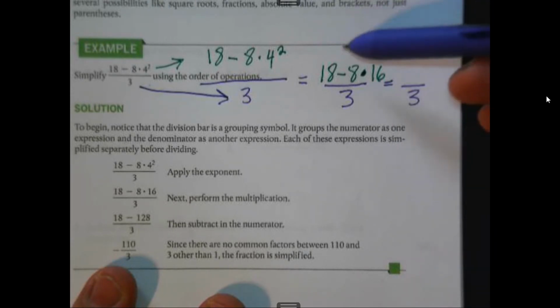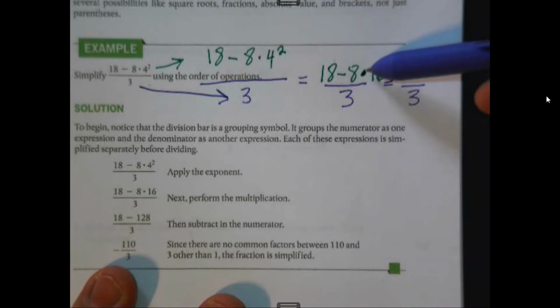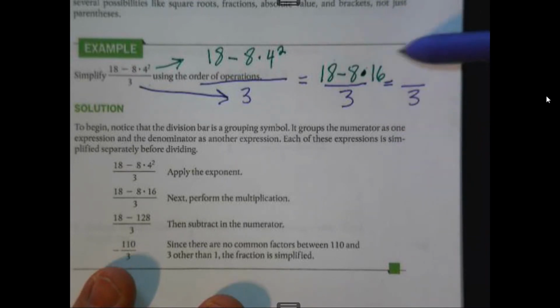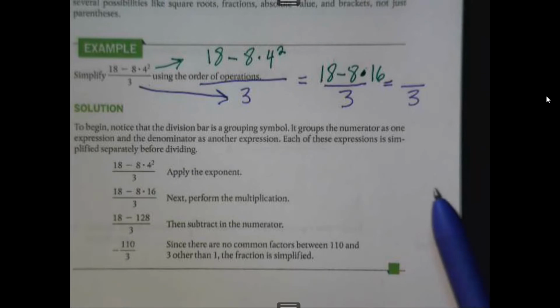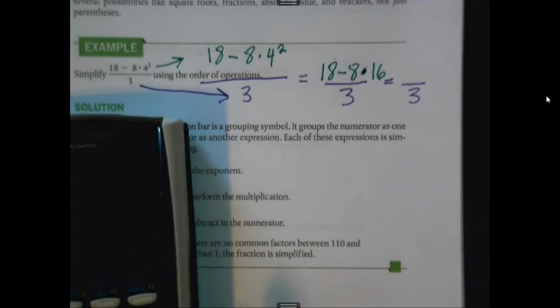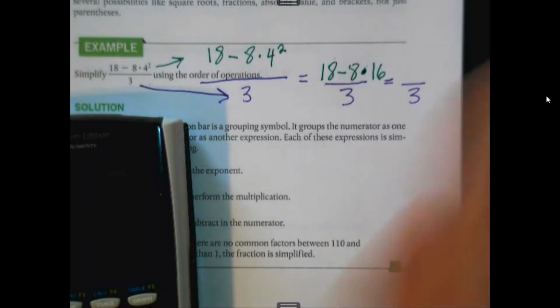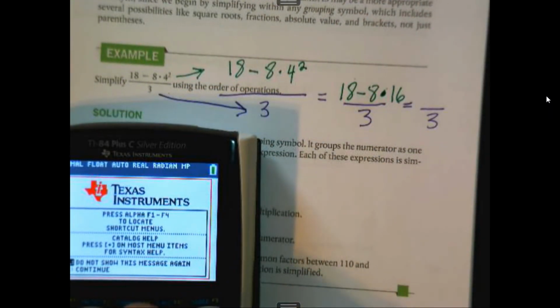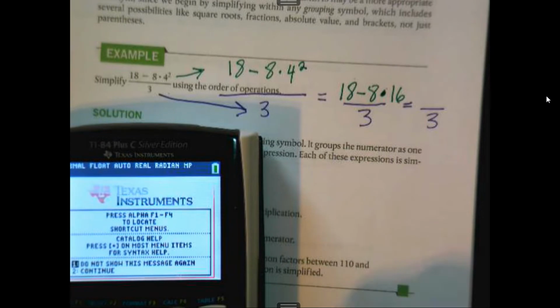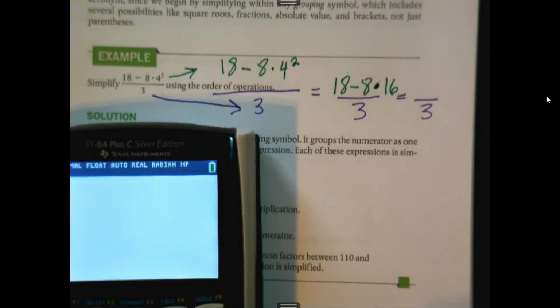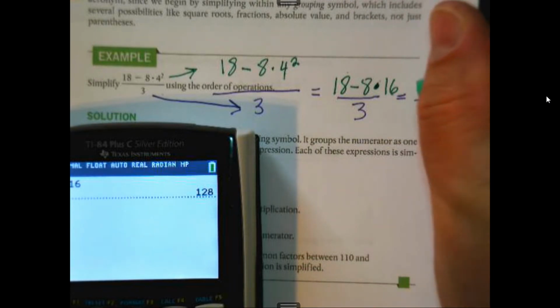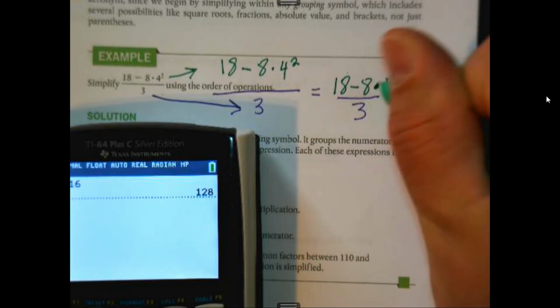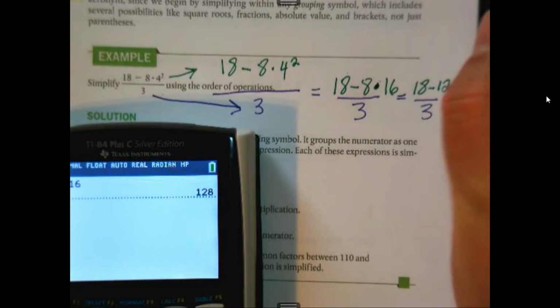Okay, multiplication and division. So we have multiplication next, because I have 8 times 16. I'm not going to do this in my head. See if I can get my calculator working. Okay, so 8 times 16, yep, 18 minus 128.